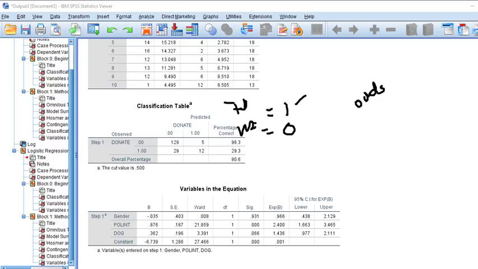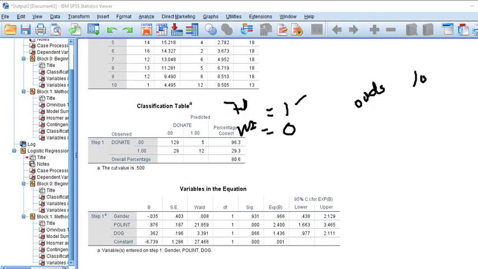What we want to do is study the relationship between our predictors and our dependent variable using a linear equation. And so essentially what we end up doing is modeling that relationship through the concept of log odds.